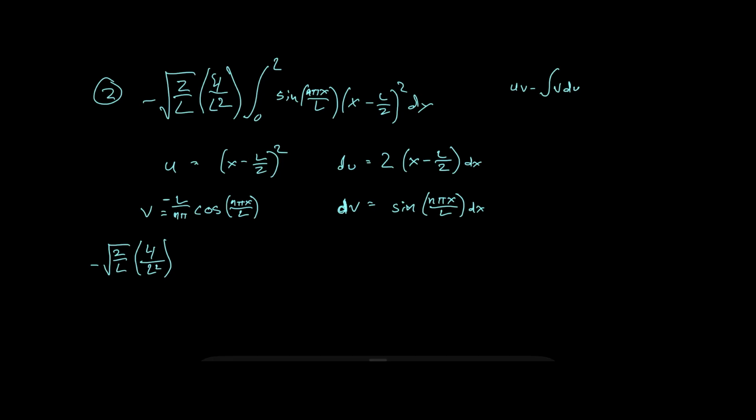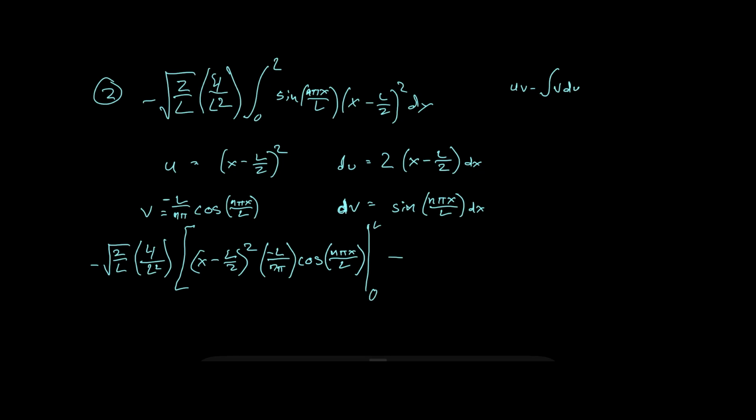Okay. So this is multiplied by uv, which is x minus L over 2 squared times v, which is minus L over n pi cosine n pi x over L, minus, oh, don't forget, you integrated it, so you have to have limits of integration, L and 0.